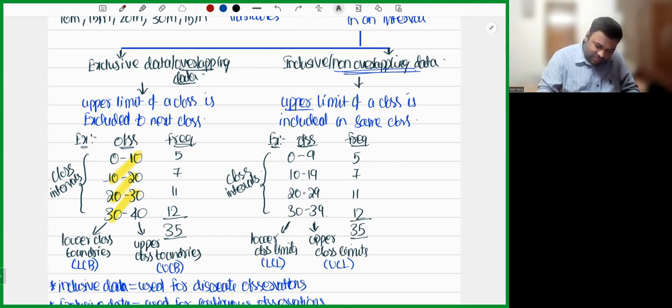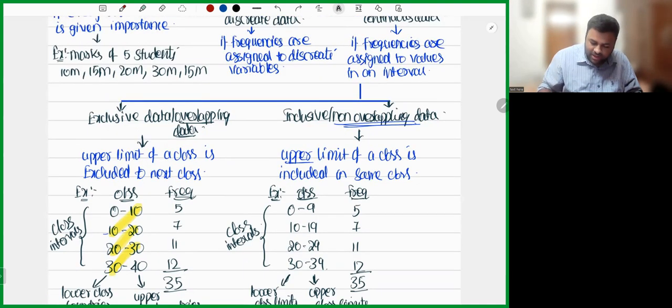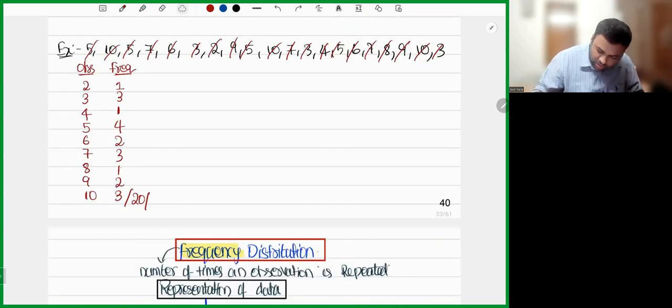What is the length of this class interval 0 to 10? Length means how many observations: 10 to 20, 20 to 30, 30 to 40. Here length is 10, 10 observations are there. Now let me take an example where I'll convert the data into inclusive and exclusive data.